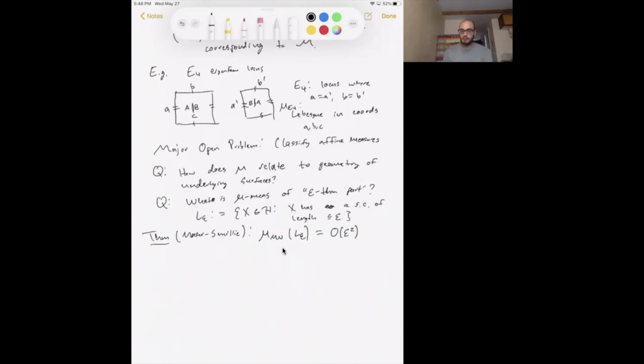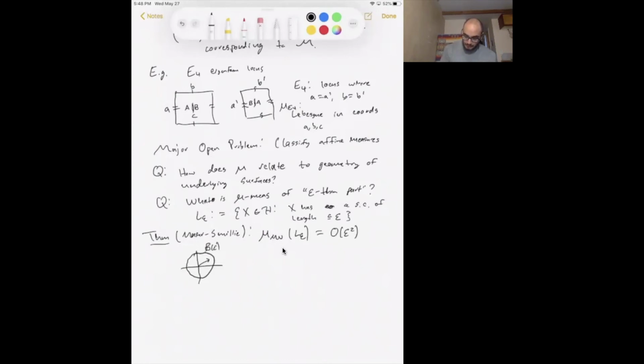And the reason for the epsilon squared, just to give you some sense, is that if you have an epsilon short saddle connection, that's what this L epsilon is, you can think of its length and direction as a vector. And if it's epsilon short, that means the length of the vector is less than epsilon, so it lives in this ball of radius epsilon.